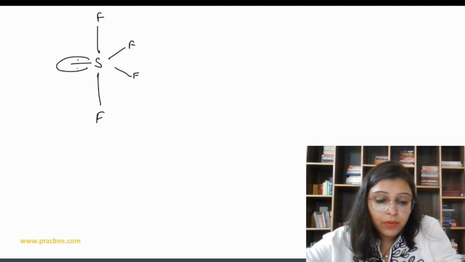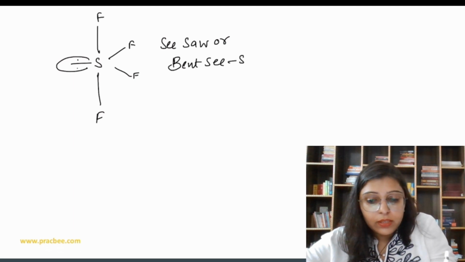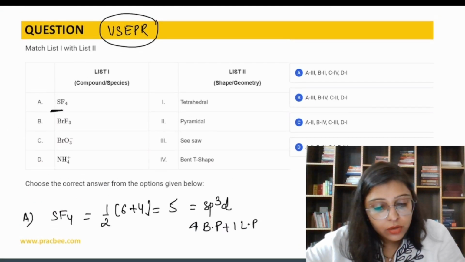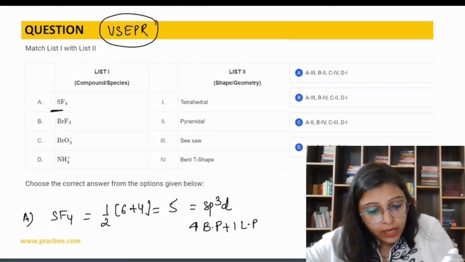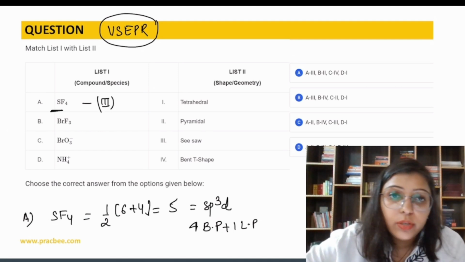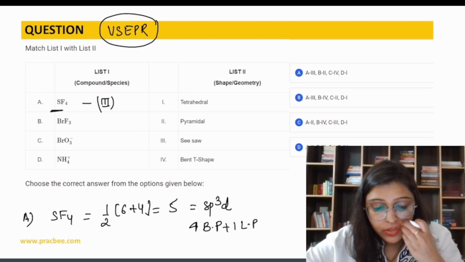So what is the shape? It is going to be the seesaw, or we can say bent seesaw. Okay, so A can be matched with third, that is the seesaw. Okay, now let's do the next question.